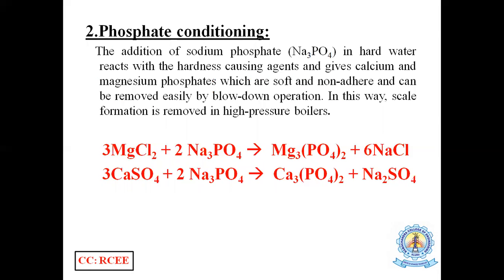The second one is phosphate conditioning. This is also one of the methods to remove scale formation on the inner walls of the boilers. Sodium phosphate is added to hard water to react with the hardness-causing agents and give calcium or magnesium phosphates, which are soft, non-adherent, and can easily be removed by blow down operations.